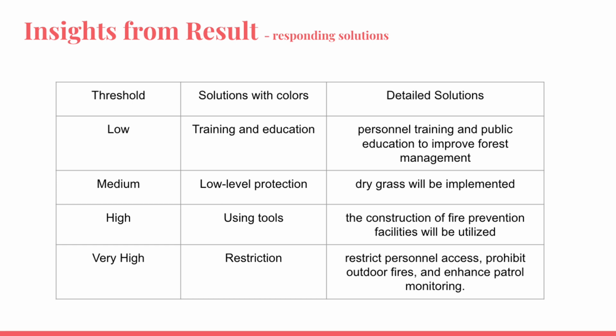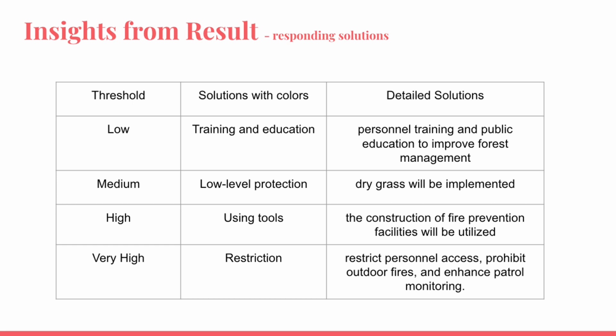So for the low threshold, we will use training and education to solve it. For example, personal training and public education to improve forest management. For the medium threshold, low-level protection is necessary. Dry grass will be implemented.